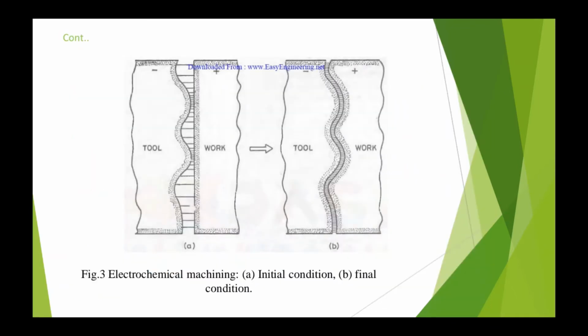Now here I have shown the figure of the initial condition during electrochemical machining, and what we will get as the final product after electrochemical machining. In figure 1 is the initial condition, and the second is the final condition. In the actual process of electrochemical machining, the cathode is a tool shaped as the mirror image of the workpiece, and the anode is the workpiece.